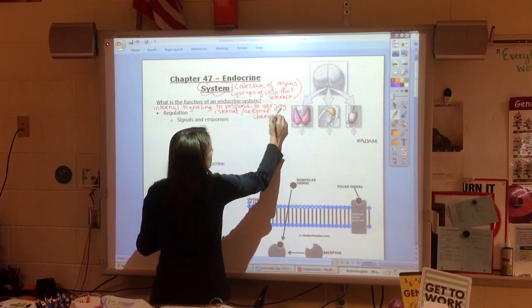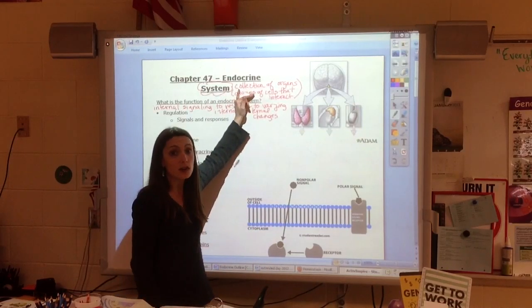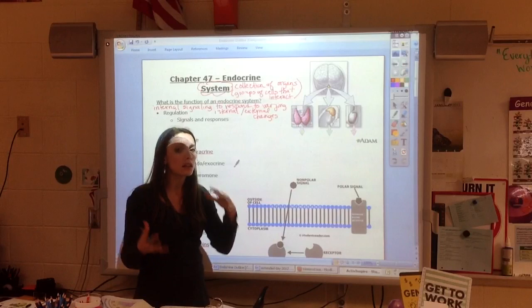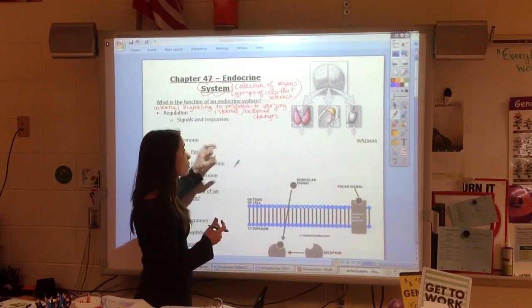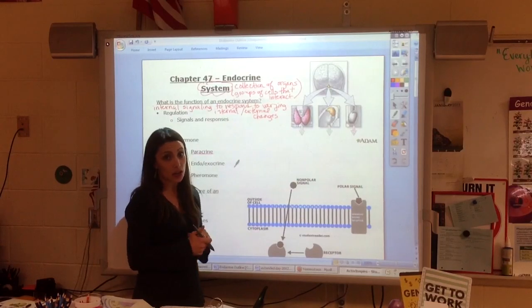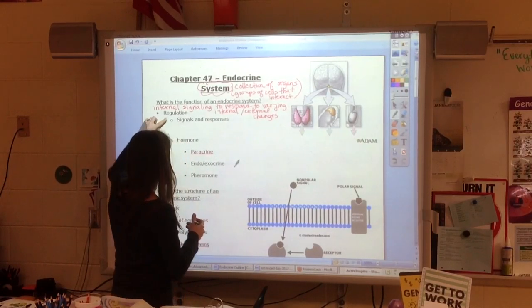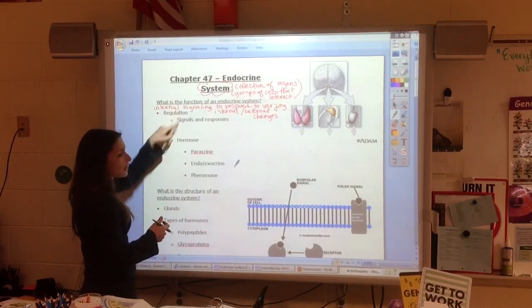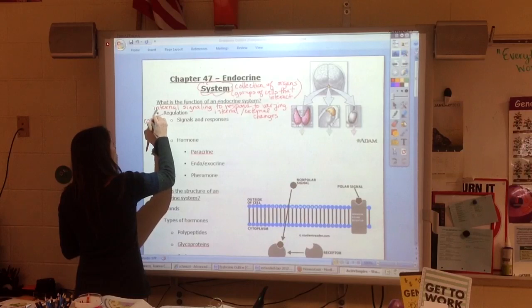So we're going to see endocrine systems in organisms that are multicellular, in organisms that have many cells that need to be able to coordinate their response to some sort of change, either an external change or an internal change. So this really falls under the category of regulation, or being able to control.